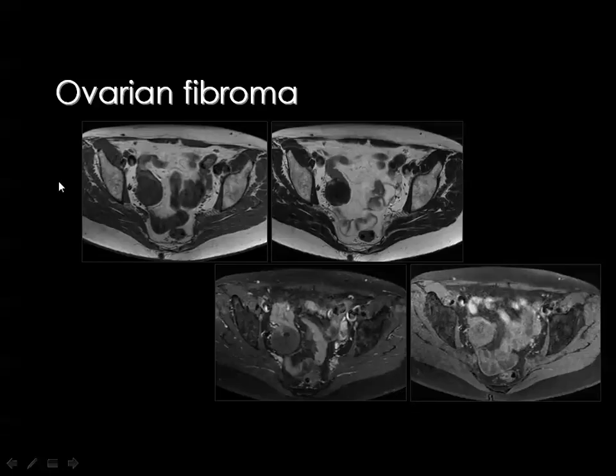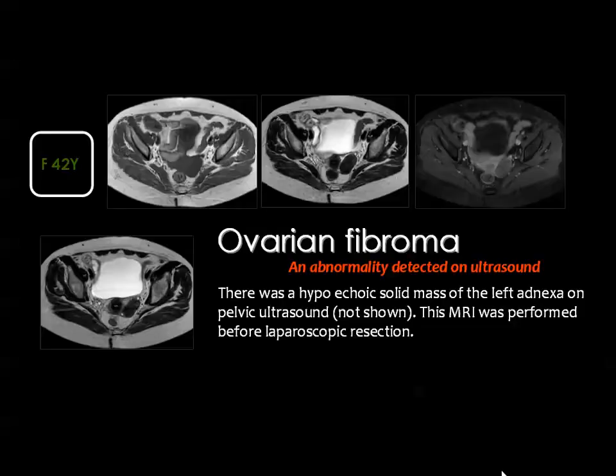And this is T1 and T2 and T1 fat suppression and T1 fat suppression with contrast. The tumor will enhance, but it will appear dark in the T1, in the T2, and of course in the T1 fat suppression. This is also an example. This is the ovarian fibroma on the left side. This is T2.